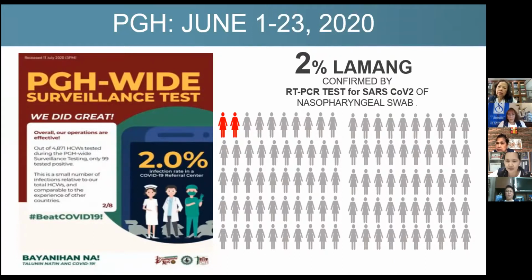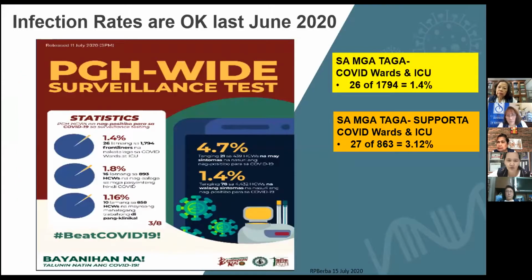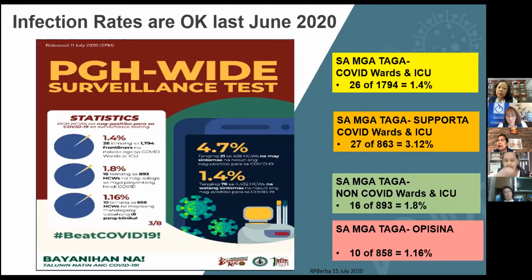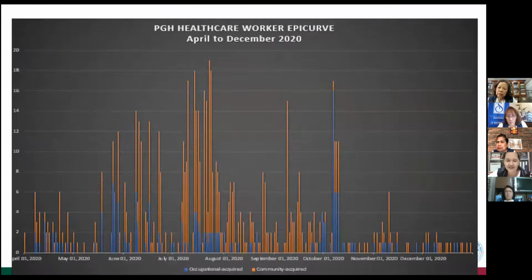So baba. Even if the burden of illness that we were exposed to were very high. And in some places, actually, nasa less than 2%, no? 1.16 lang. So pwede yun. Kung mag-iingat talaga lahat, it's very possible.